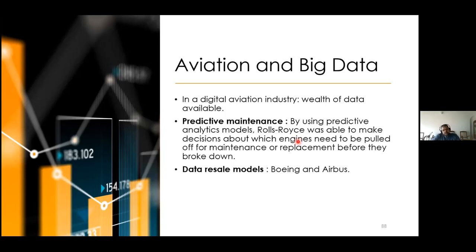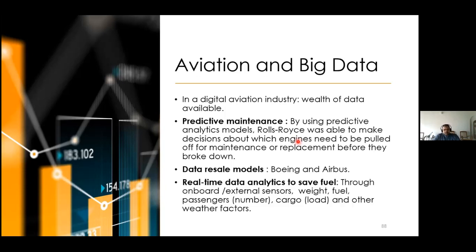So for you all also, what I would suggest is, there are so many models that you can come out with when you actually start thinking in terms of big data, right? And looking at the overall level of data and the depth that your information systems would start looking at. This is just one model, right? Data resale is one model. Data partnering is another model. Business concept designing is another model. So there are different models that you can think about. So that's just another one.